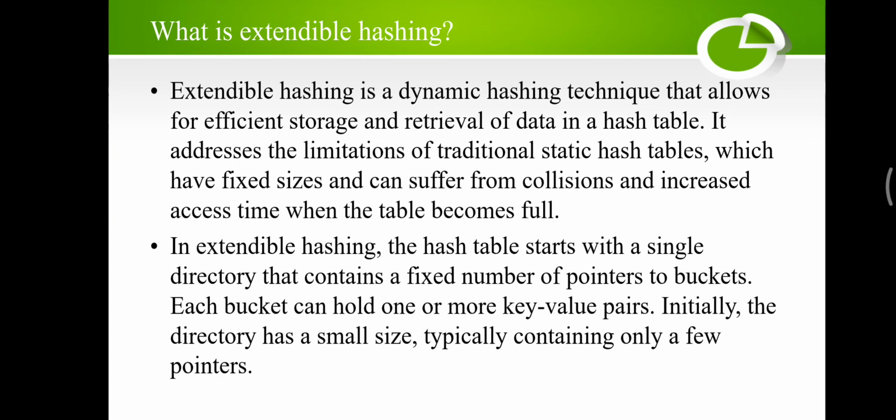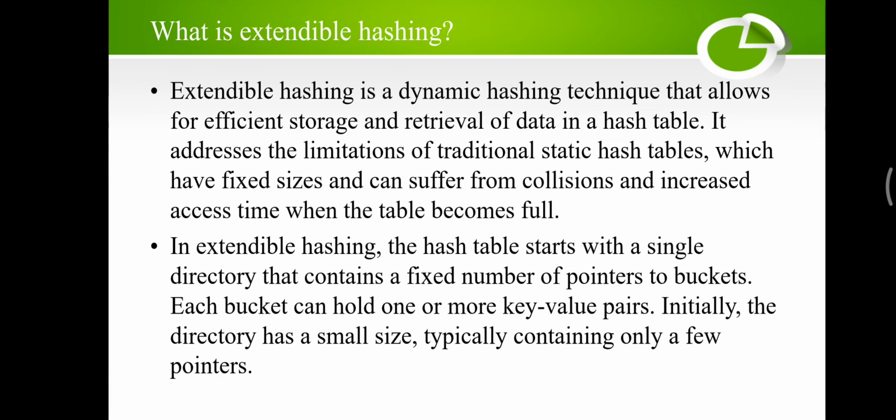Extensible hashing is a dynamic hashing technique that allows for efficient storage and retrieval of data in a hash table. It addresses the limitation of a traditional static hash table, which has a fixed size and can suffer from collisions and increased access time when the table becomes full. First you need to know the difference between dynamic and static.